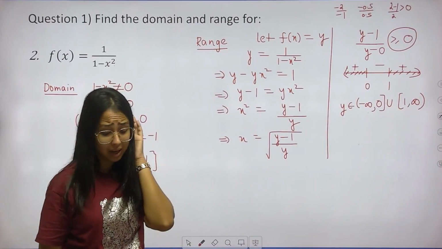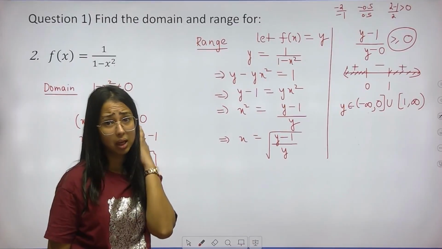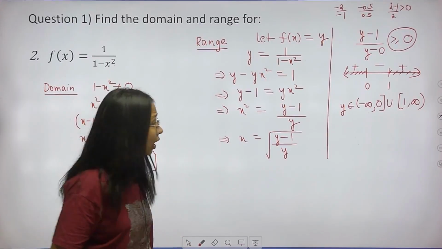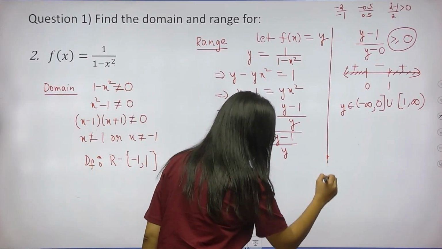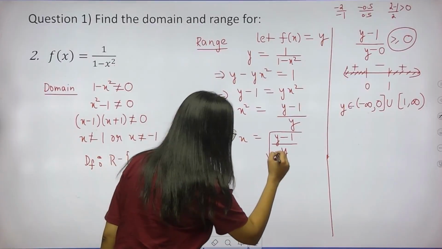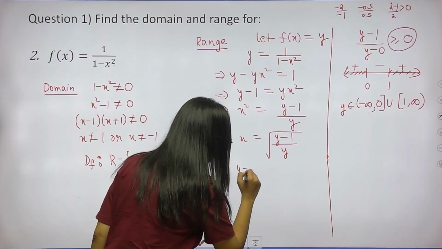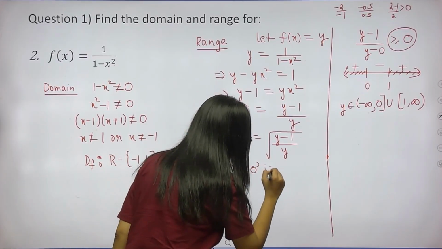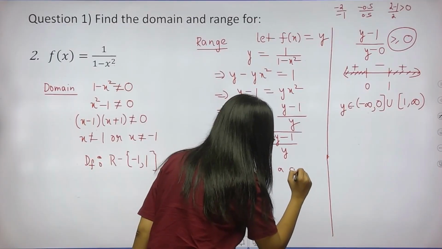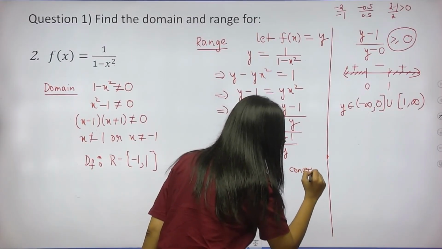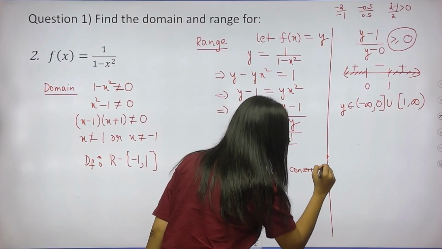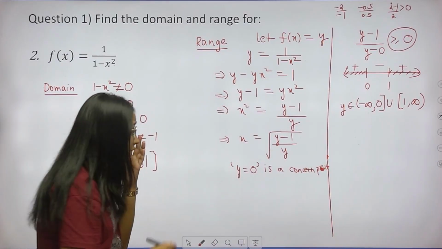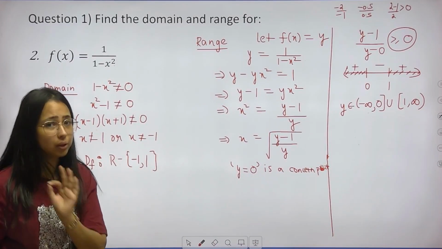But is it the actual or the final answer that we can say? No, not at all. Why? Because here you could easily see that y equal to 0 is a concern point. So we need to check whether it can actually be y equal to 0 or not. Okay.